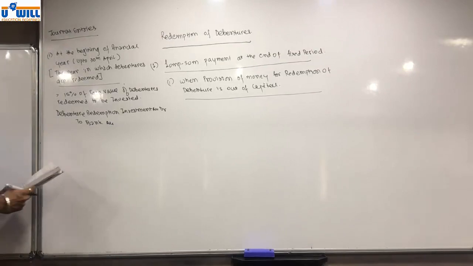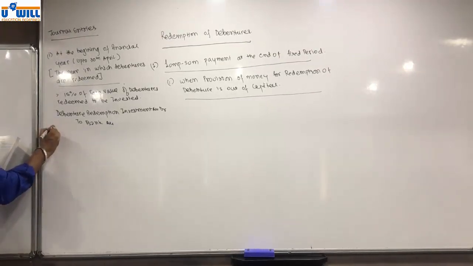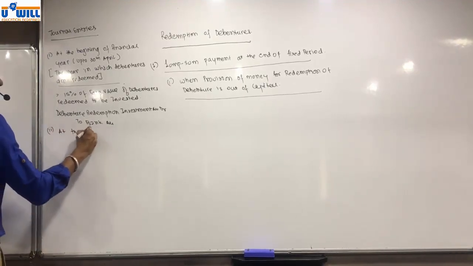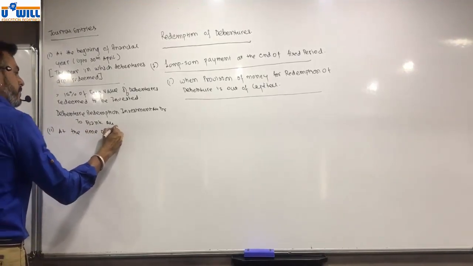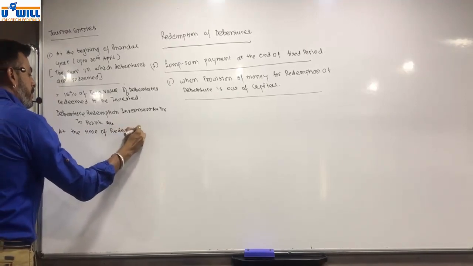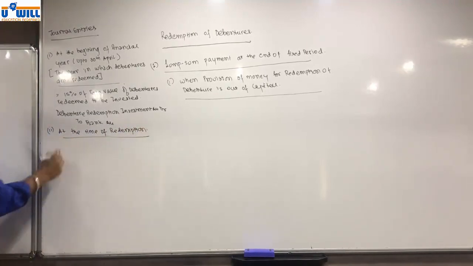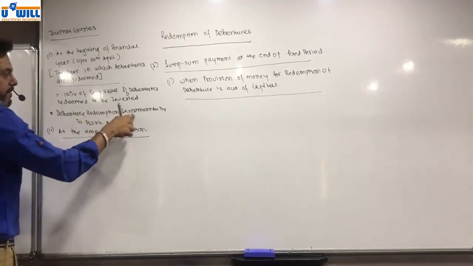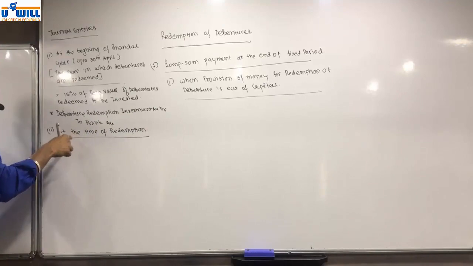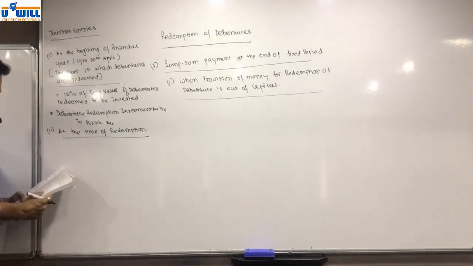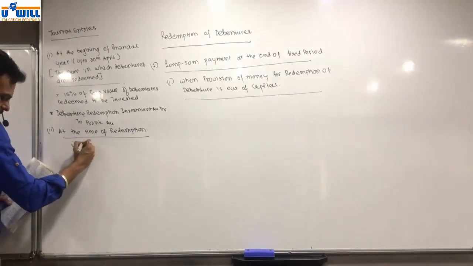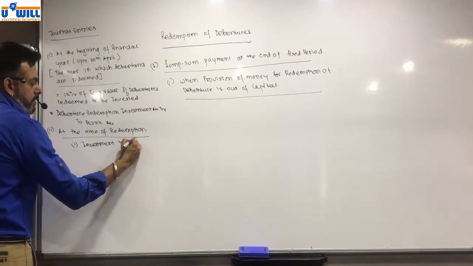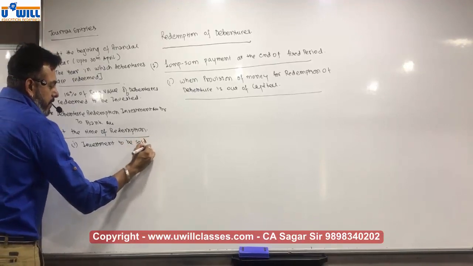Okay, simple entry. Now, second, at the time of redemption. जब इन्वेस्ट किया तो your entry was debenture redemption investment account debit to bank. जब इसको रिडीम कर दिया तब हम क्या करेंगे? सबसे पहले investments to be sold, investments to be sold.